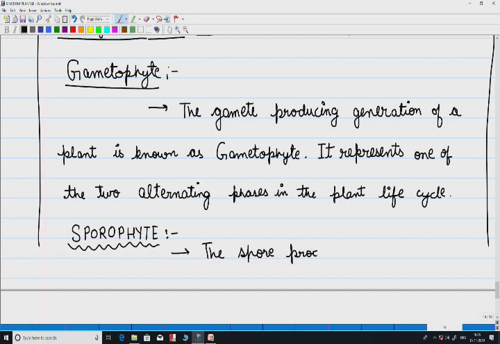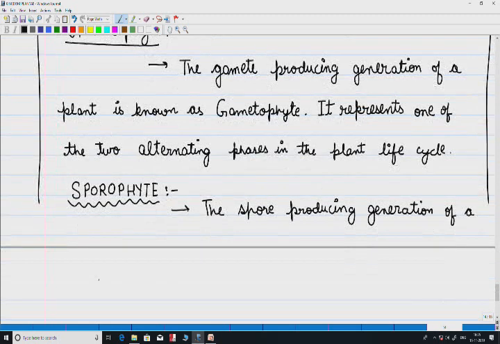The spore producing generation of a plant is known as sporophyte.